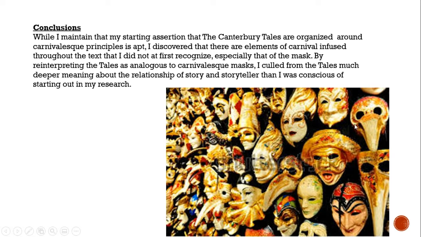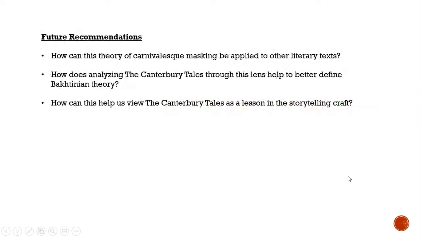So this picture is also a nice illustration of that, in that you have a plethora of masks of different characters. You could visualize that as Chaucer donning all these masks, being symbolic of the different stories, and Chaucer as narrator putting them on and becoming different characters.